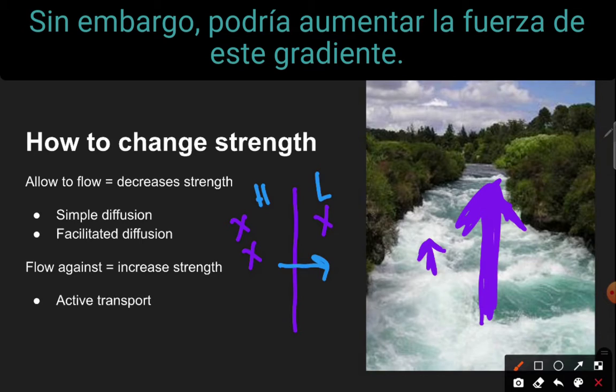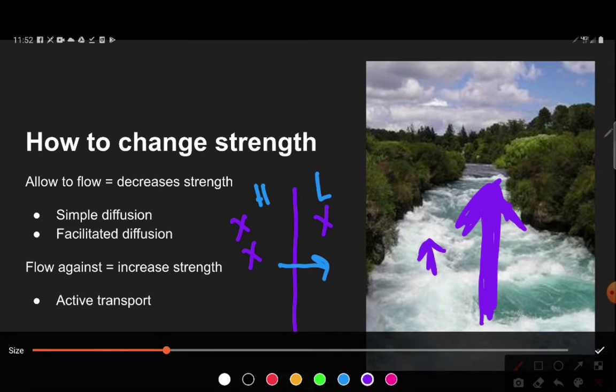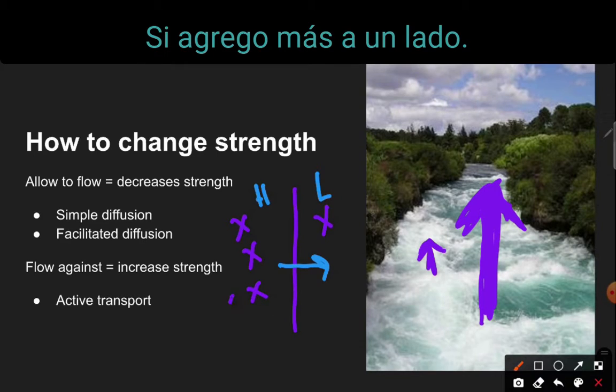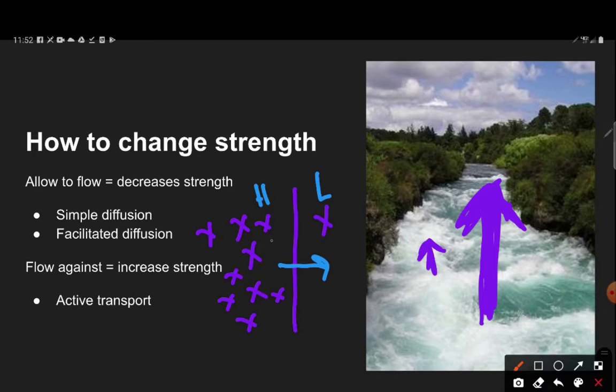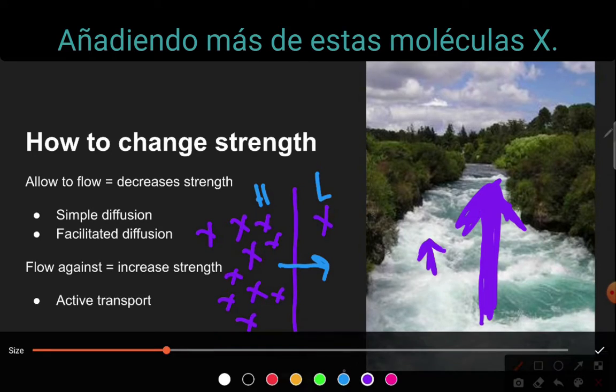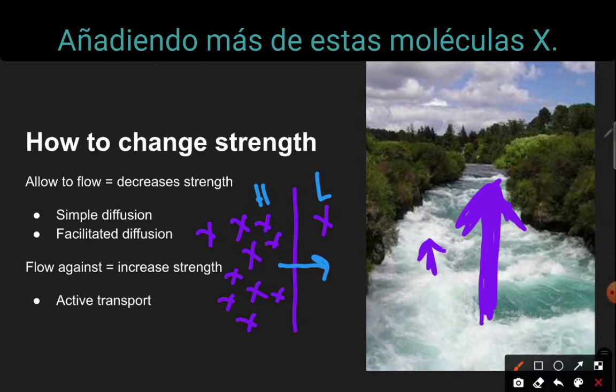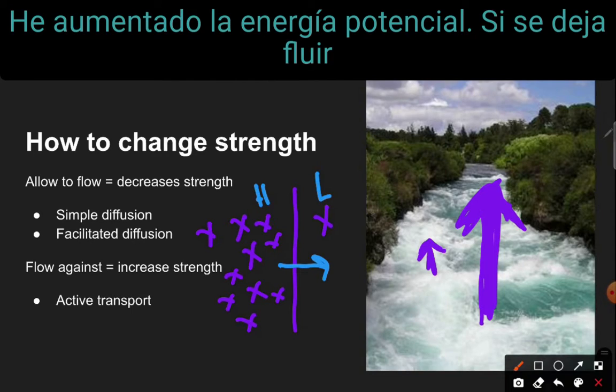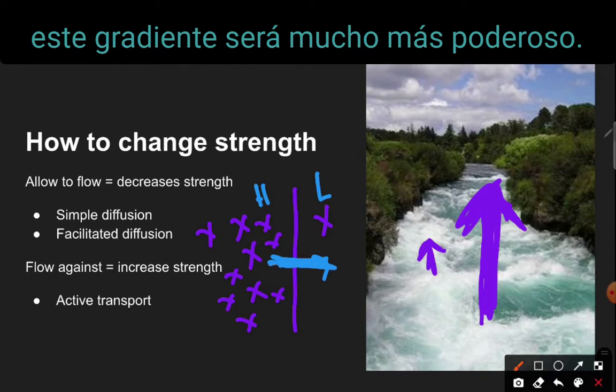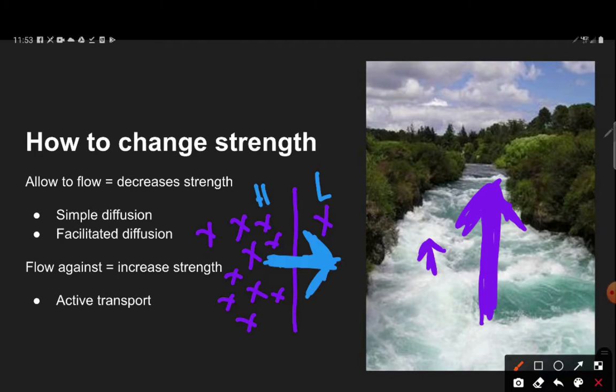However, I could increase the strength of this gradient if I add more to one side. By adding more of these X molecules, I have increased the potential energy. If allowed to flow, this gradient will be much more powerful.